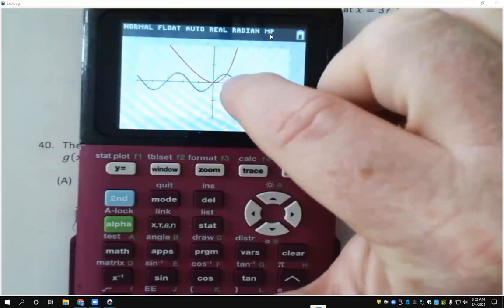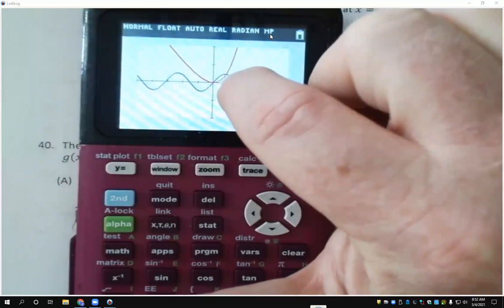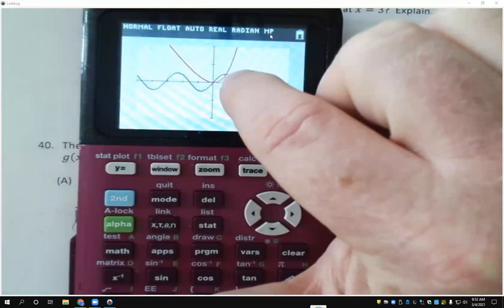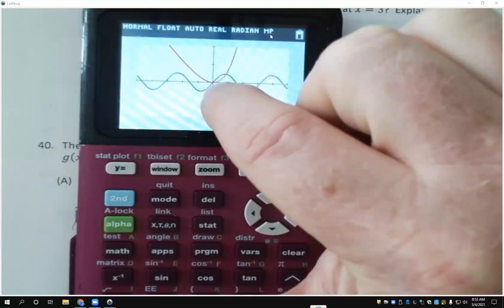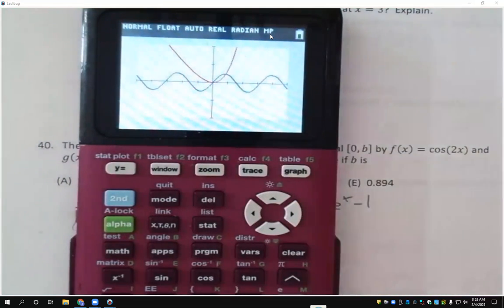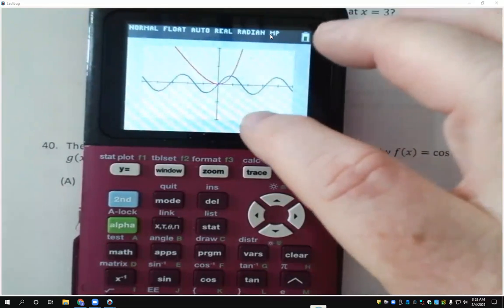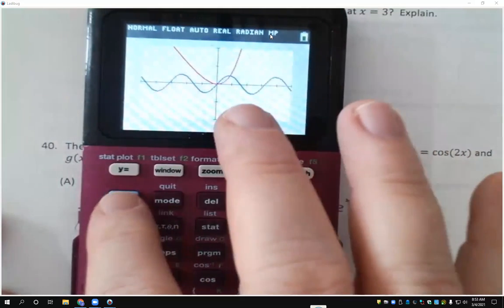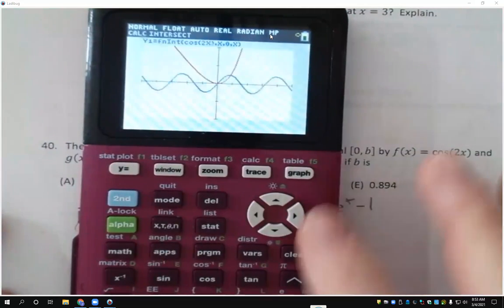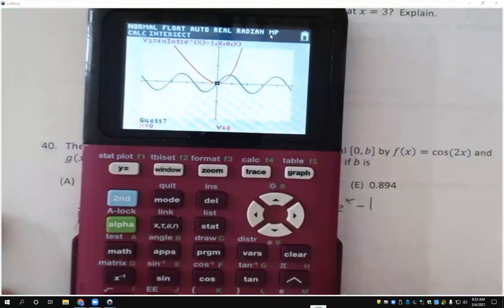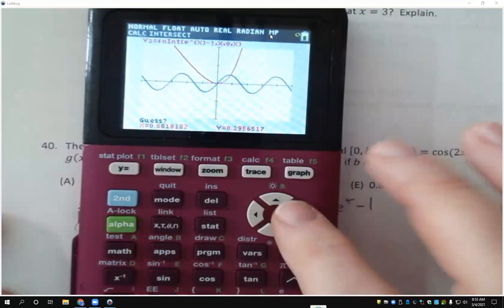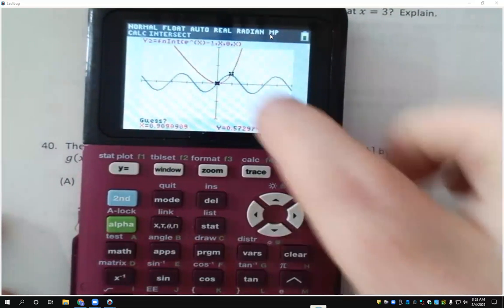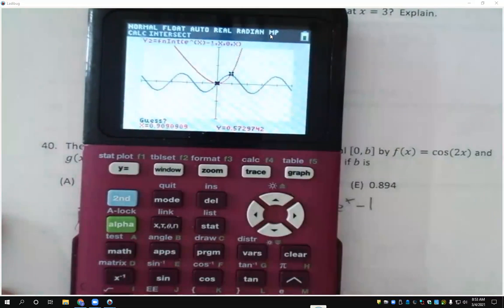That's why it's this intersection. So it does intersect twice. It's that one that we're trying to find right there, not the one at 0, 0. Obviously 0 is not one of the answers, so we notice because of the multiple choice that it's not one. So we have to find that other one. So now we do second calc option 5, first curve, second curve, but on the guess, we do need to move the cursor to be a lot closer to that second intersection.